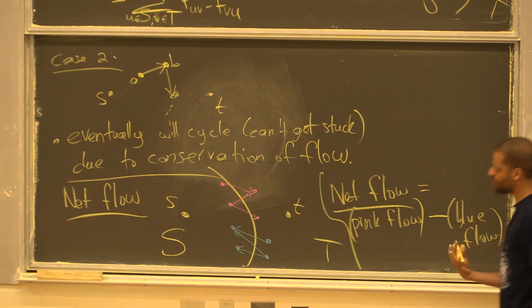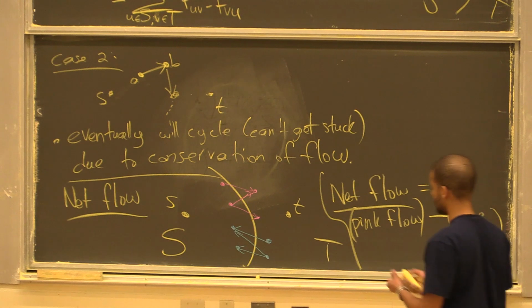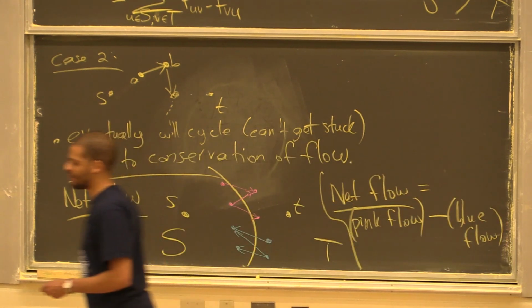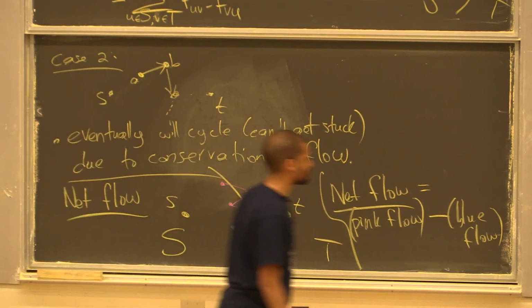So flow that comes in the reverse direction gets subtracted. Flow that goes in the forward direction toward capital T gets added. That's net flow. Okay? That's my definition of net flow.